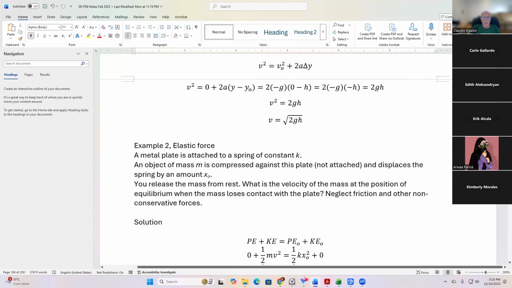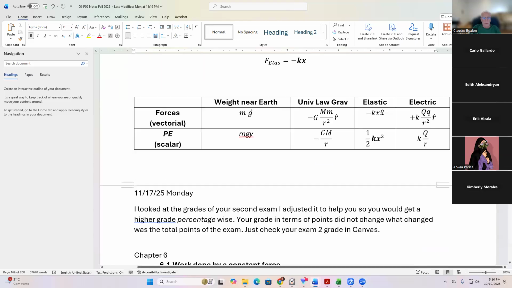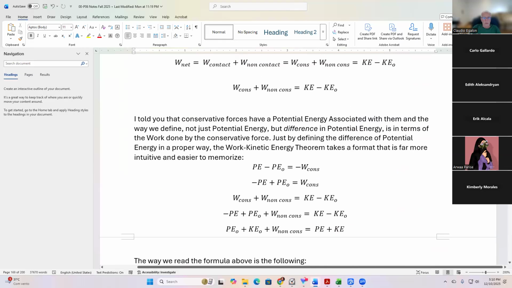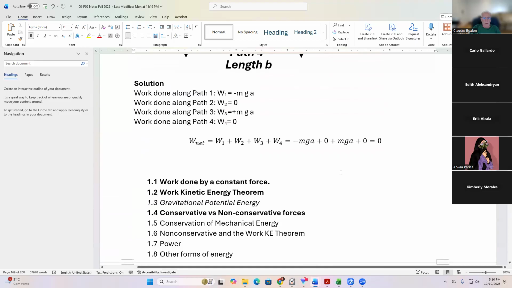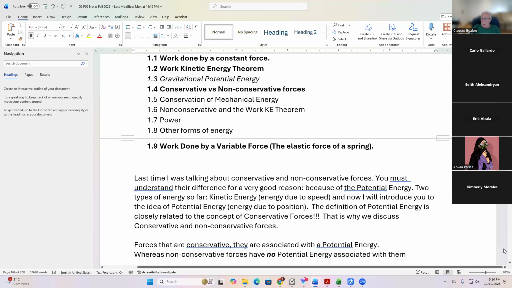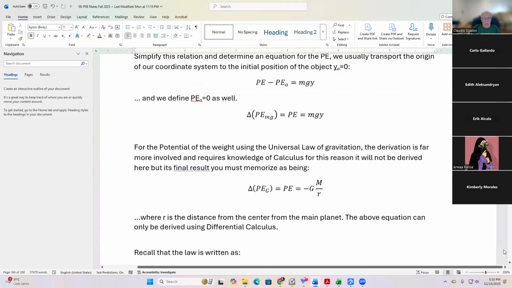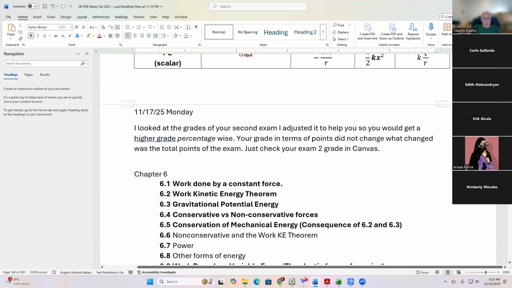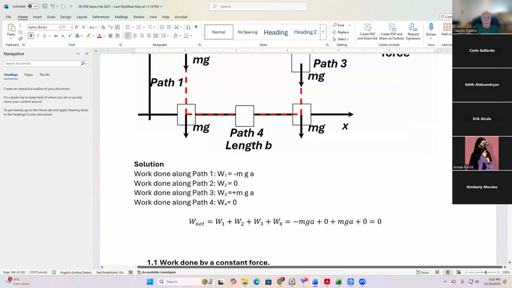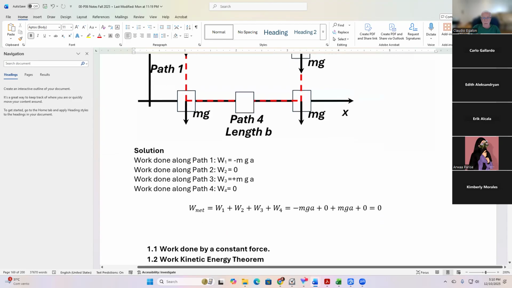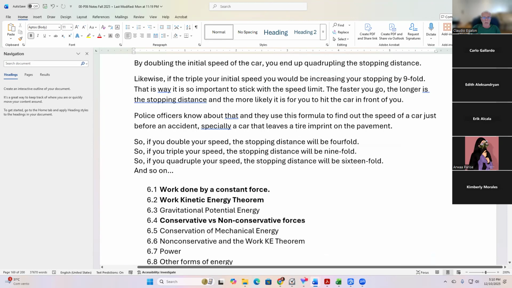Chapter 6. Wow, chapter 6. I'm on chapter 5. Should be this one, right? I believe that's the one. Oh no, that's chapter 6. That's chapter 5.